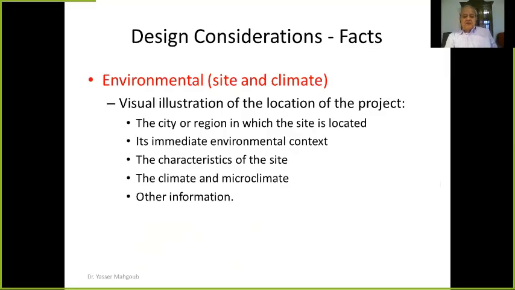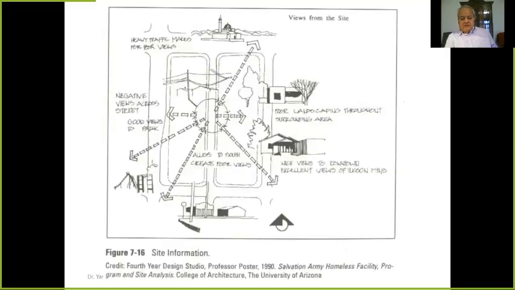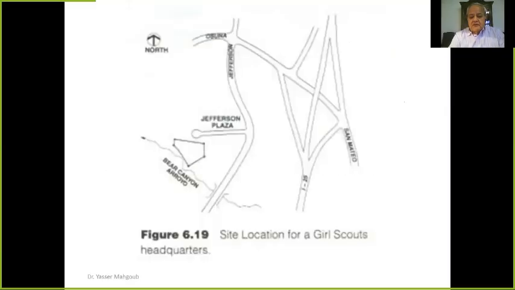Of course, all the environmental factors you already understand. The characteristics of the site, the climate, the immediate context, the environment, and how to analyze the site in terms of views, in terms of surroundings, in terms of different buildings and landscape around it.